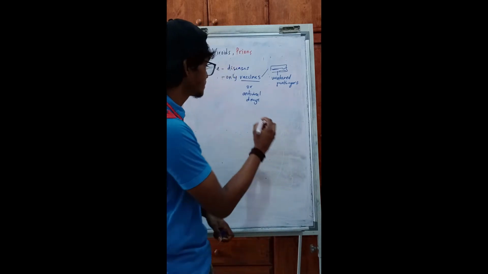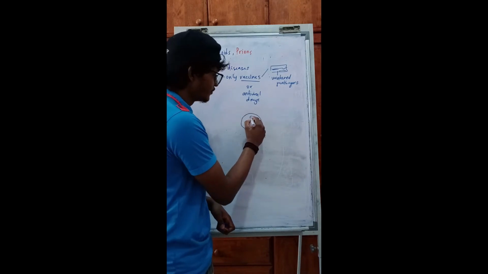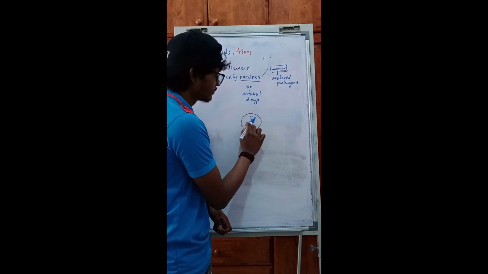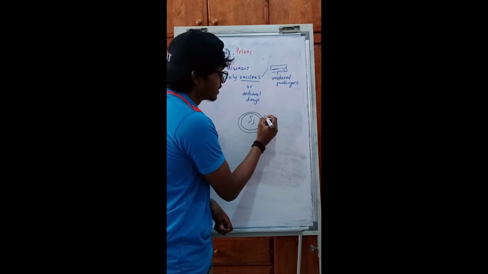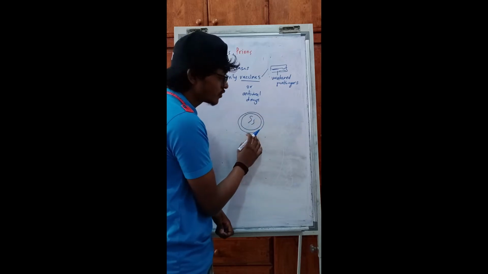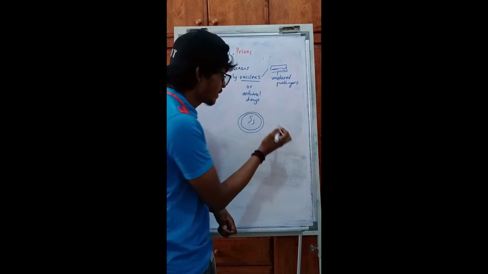The virus looks like this: this will be the RNA strand inside, and this will be the envelope. The envelope has spikes.